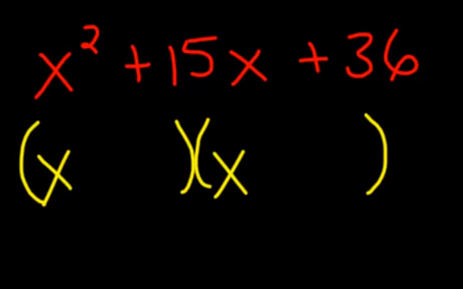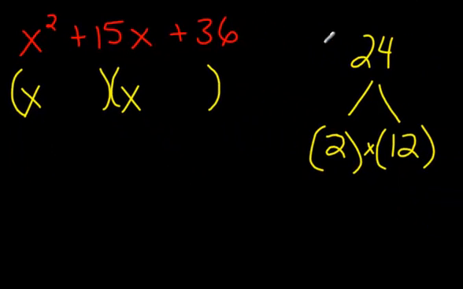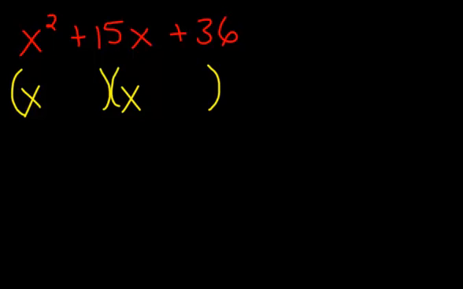But here's the tricky part. Here's how you deal with this and this. I'm going to get rid of this so that we have some room to see what's going on. For the 36, you have to come up with two numbers that, if you multiply them together, you get 36.